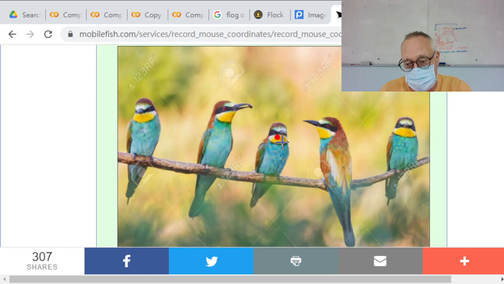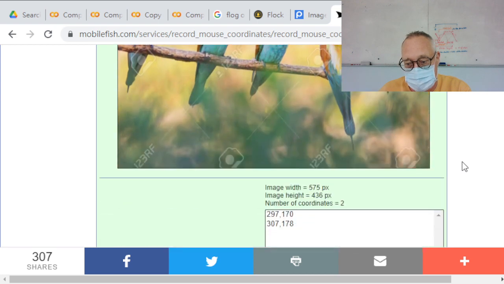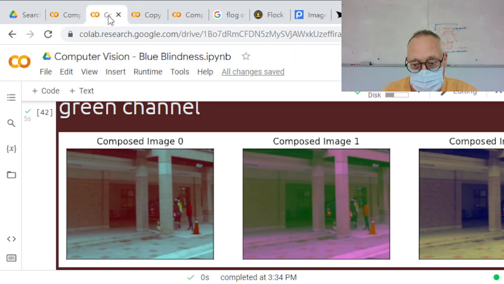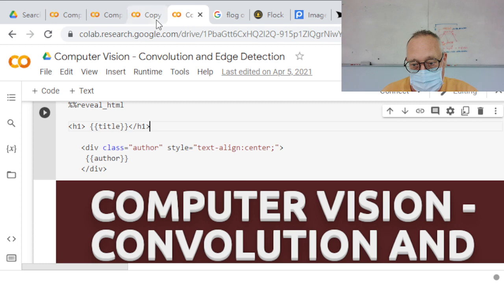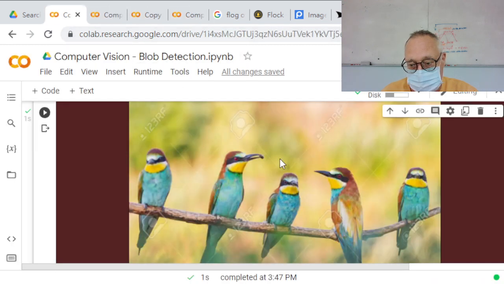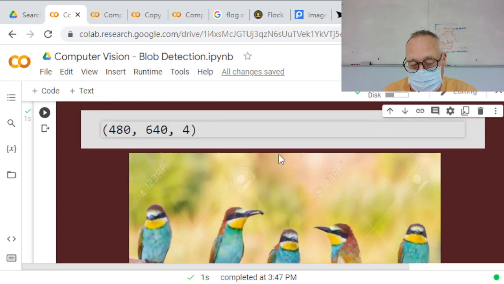To make it easier, we use just a rectangle, so these two coordinates should be 297, 170 and 307, 178. So let's take that.